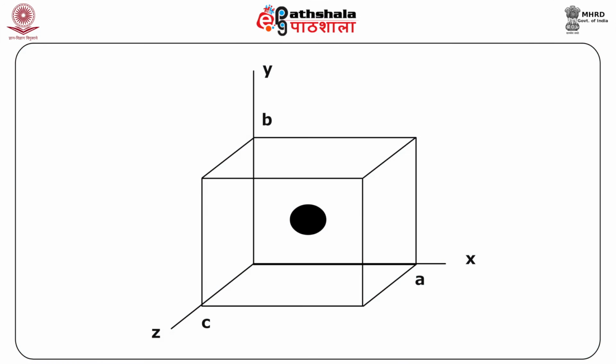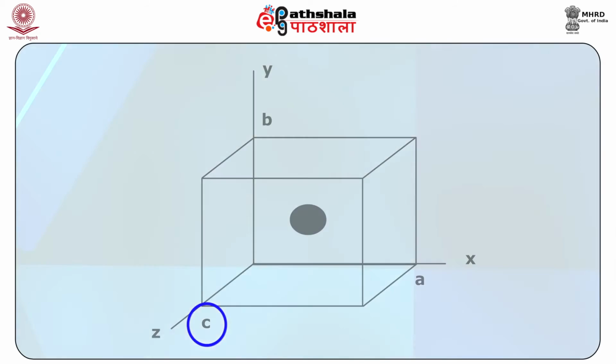Here we have the particle of mass m again in the box, but it is three-dimensional, along x, along y, along z. Along x direction, its length is a. Along y direction, its length is b. And along z direction, its length is c.